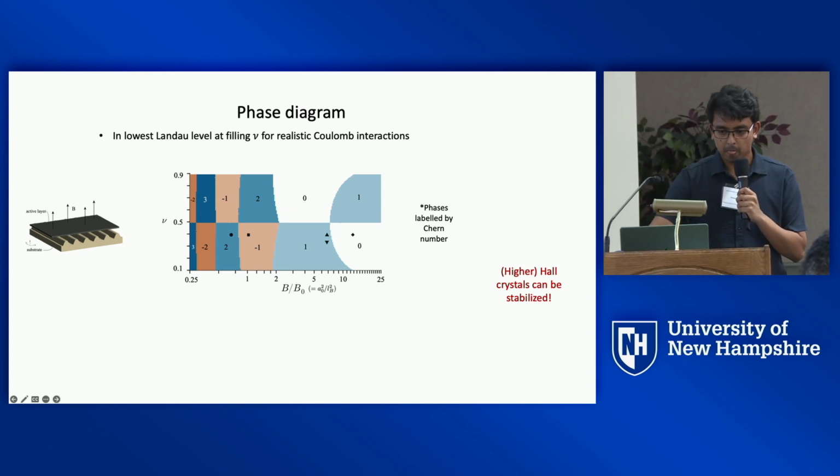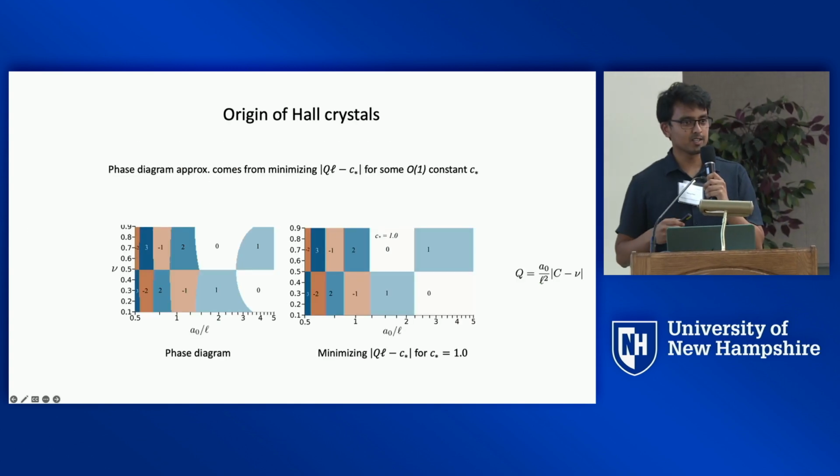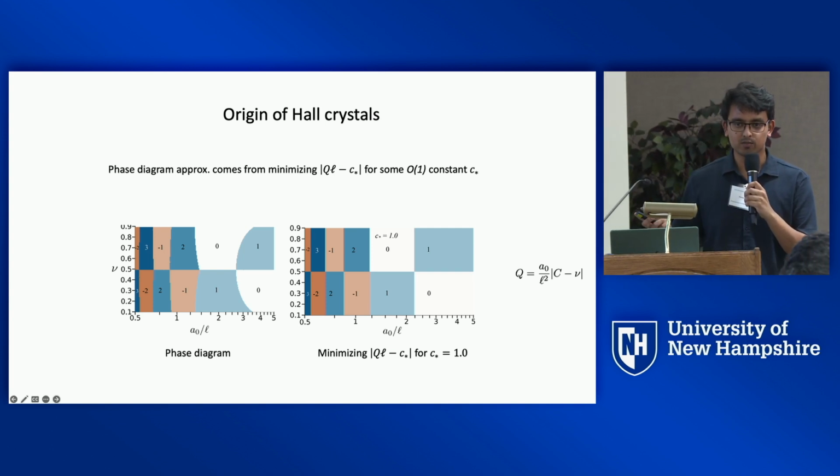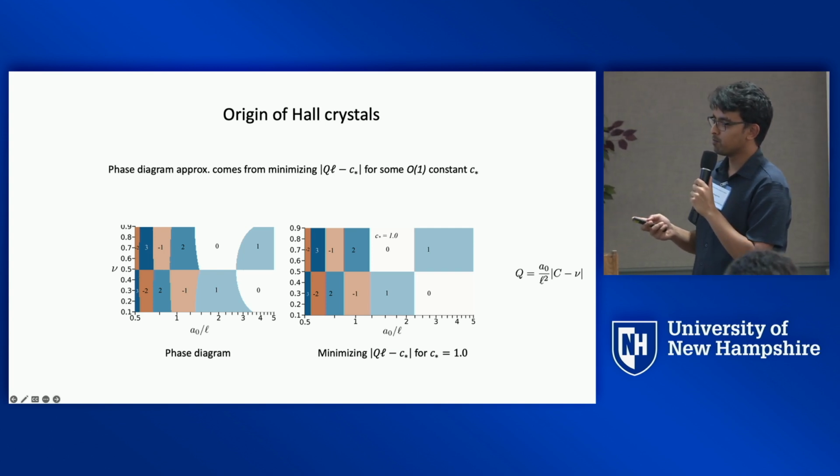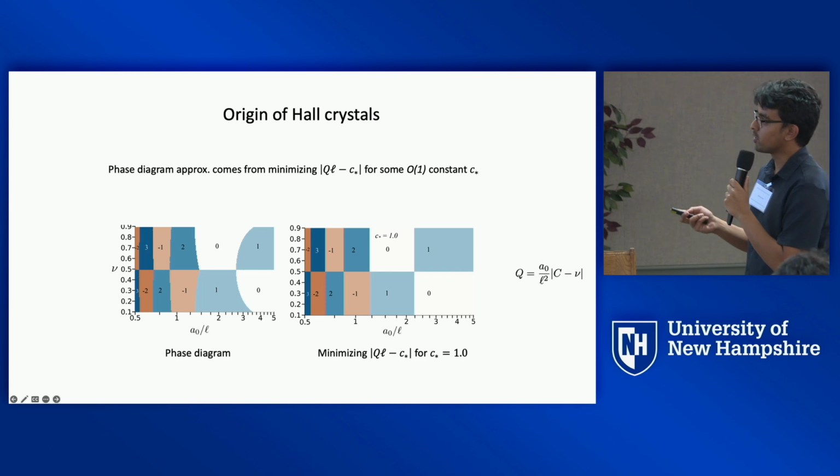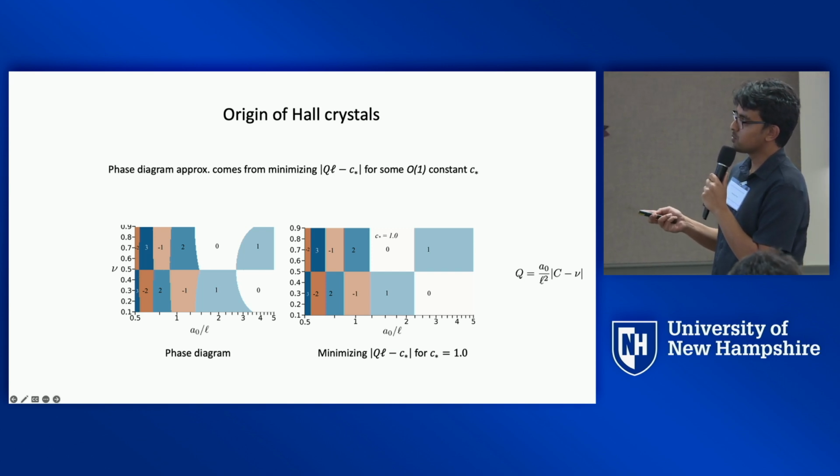And real quick, I want to also explain that there's a simple way to understand all of these phases. Maybe too simple in retrospect. The phase diagram is approximately coming from simply minimizing the wave vector times the magnetic length minus an order 1 number.